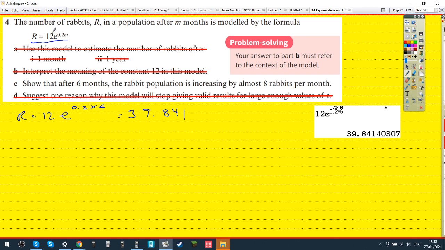We started with the initial value of 12, but we want the rate of increase, like show that it's an extra 8 rabbits per month at 6 months. Any idea how you do that? No. It is the rate of change, dr by dm.